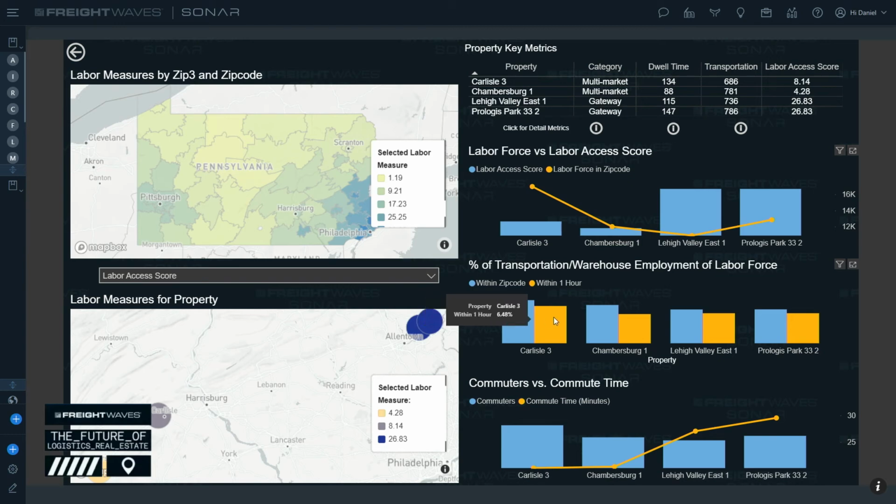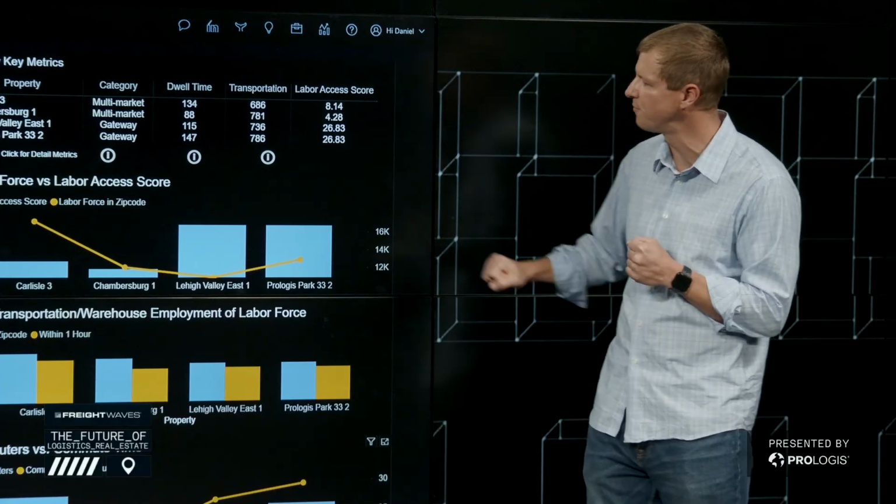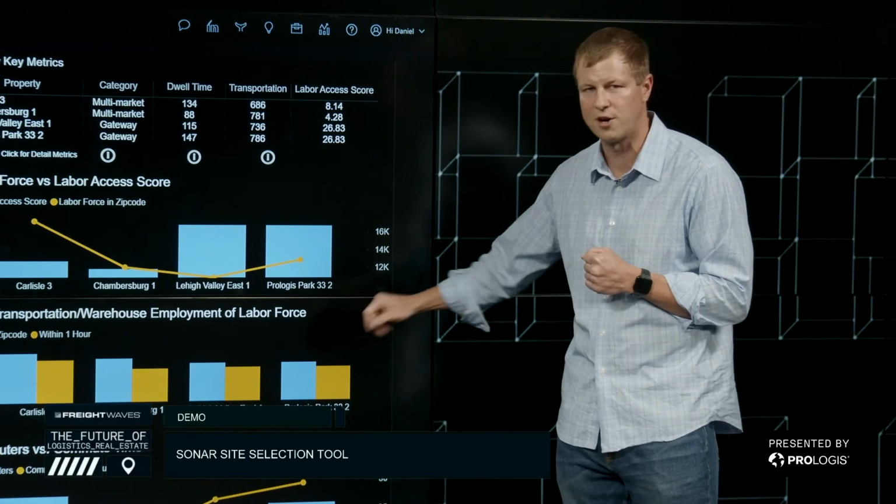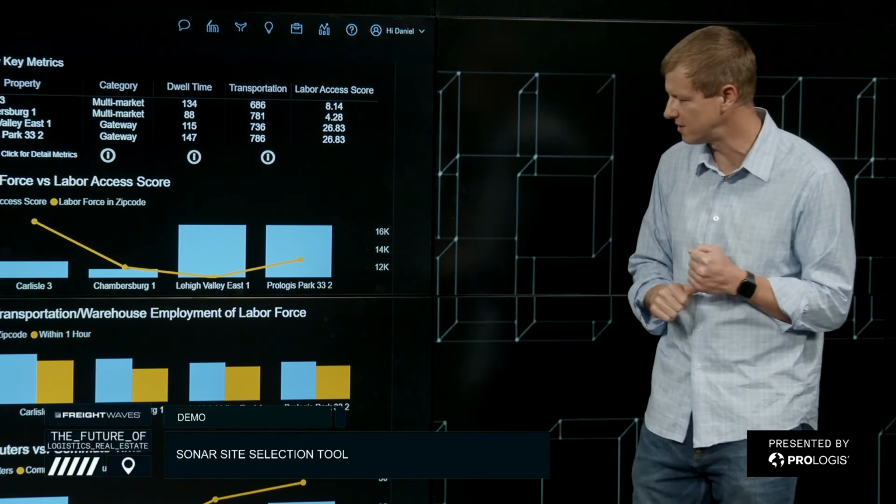It's pretty flat across the board with the other three, but you can tell that Carlisle 3 definitely has access to the labor force that you need, and within an hour's drive, it's not so bad itself. And this is within the specific transportation and warehouse sector itself. Up here, that's just the straight labor force. This is much more targeted to your transportation sector.